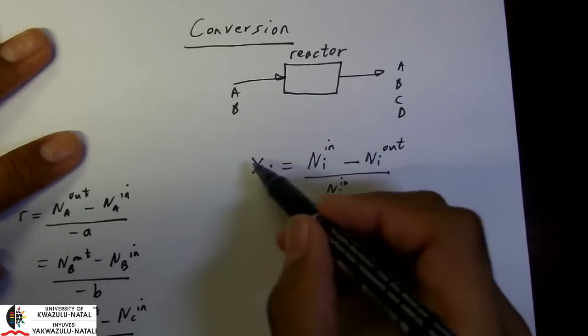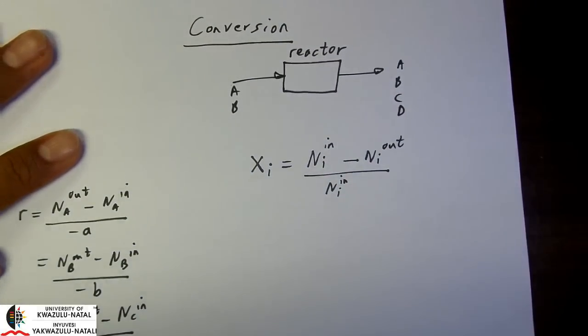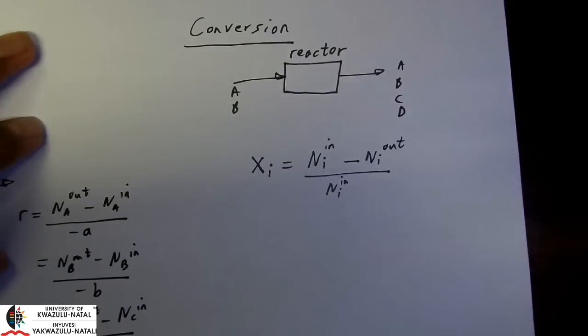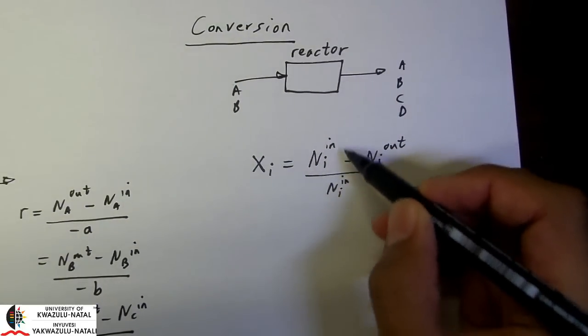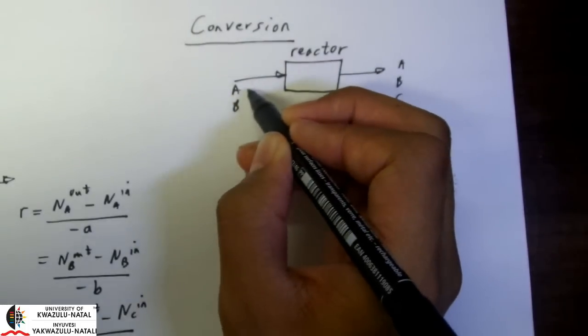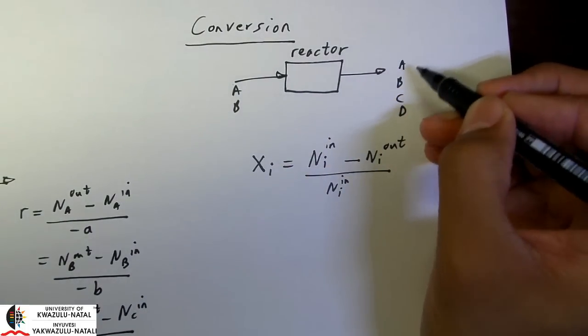So this is how our conversion is expressed. It's known more accurately as fractional conversion. We can just look at what it means. We are considering the flow rate of a particular reactant coming in and the flow rate coming out.